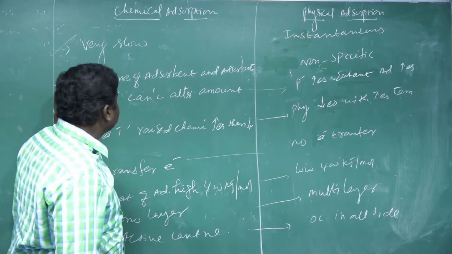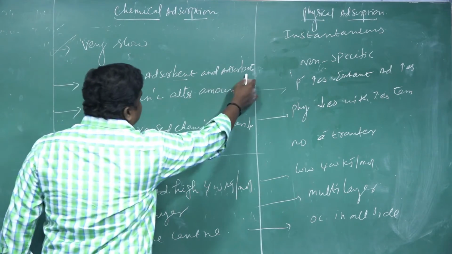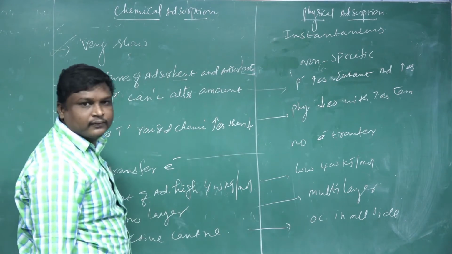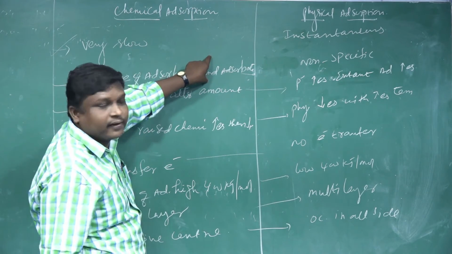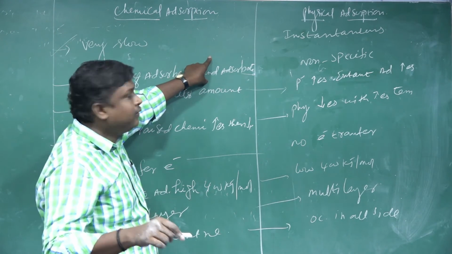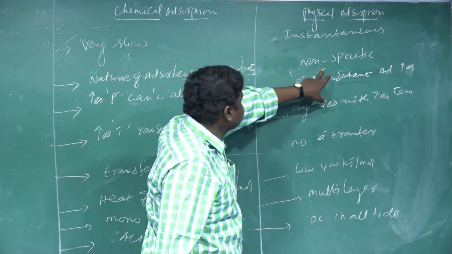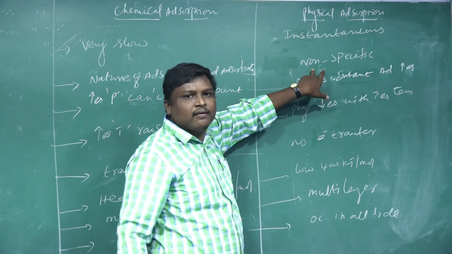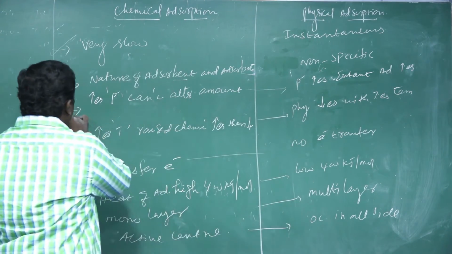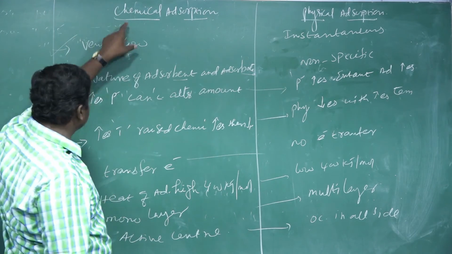Second point number 2, the nature of adsorbent and adsorbate. Chemical adsorption is specific to the nature of adsorbent and adsorbate. Physical adsorption is non-specific.